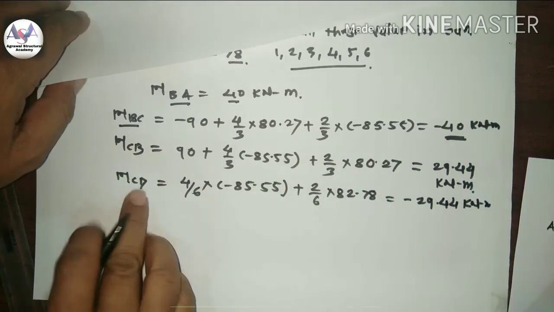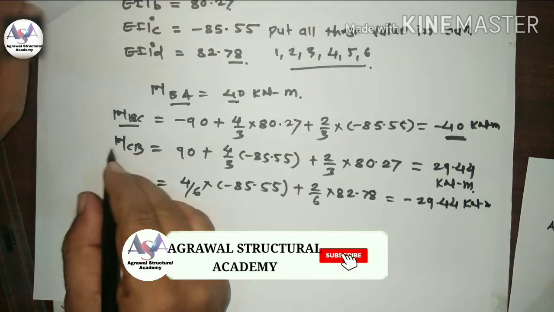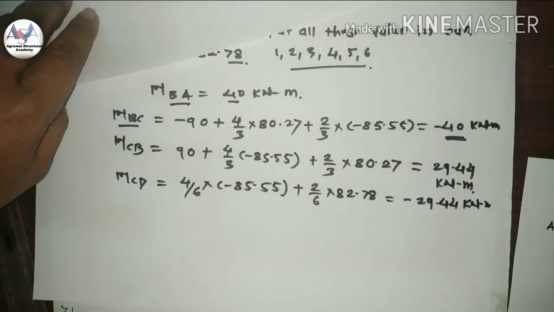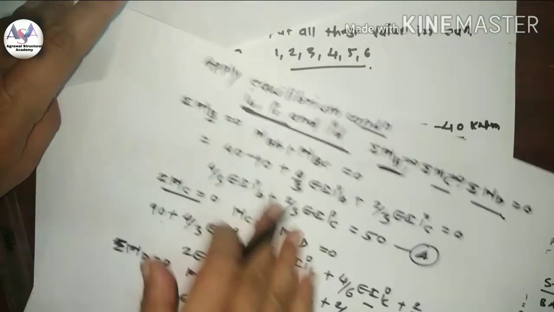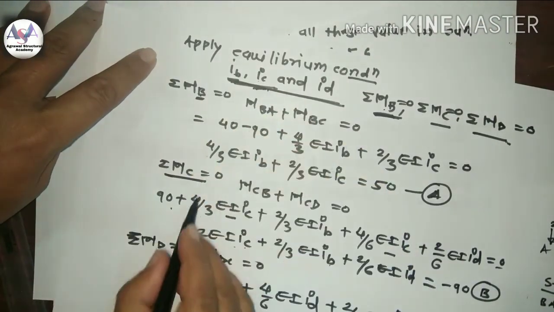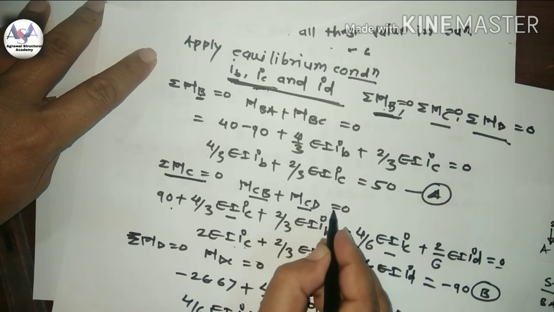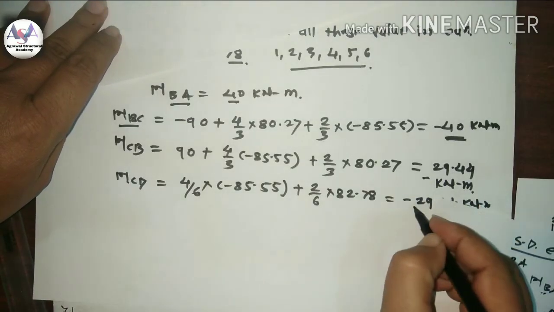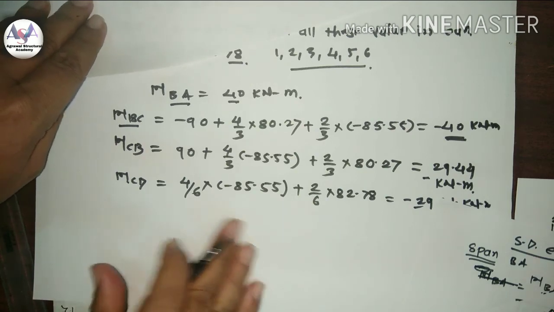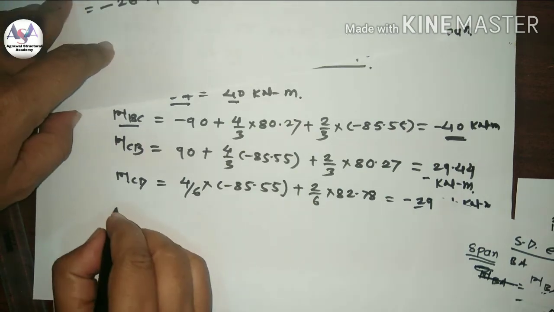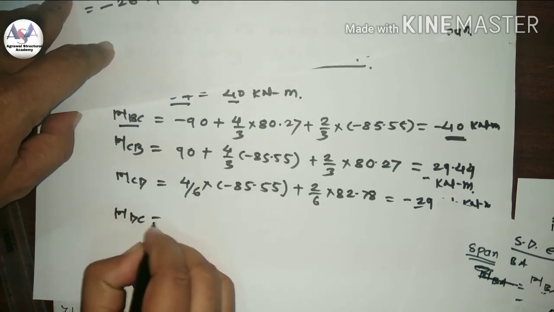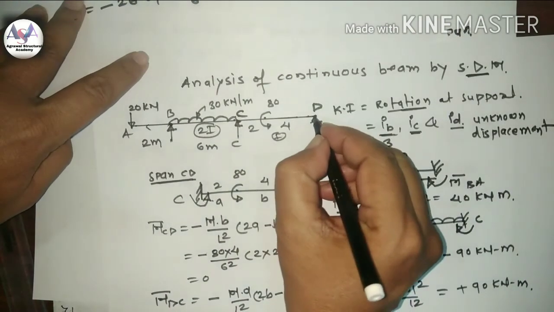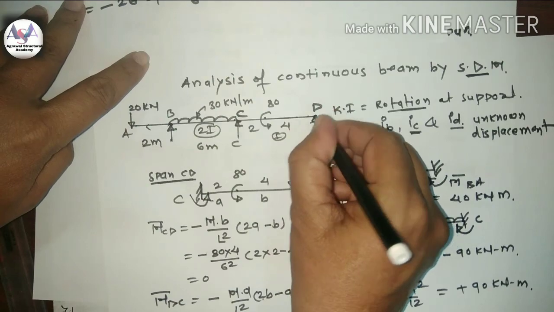So for CB and CD, here we apply the condition sigma M_C. CB plus CD should be equal to 0. That is why CB and CD is equal to 0. Then last is M_DC. Now M_DC is important here. We know this is simply supported, so the moment should be 0.